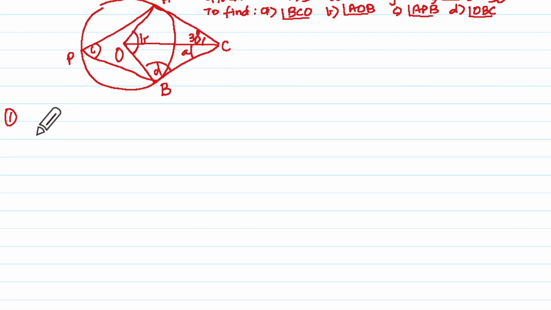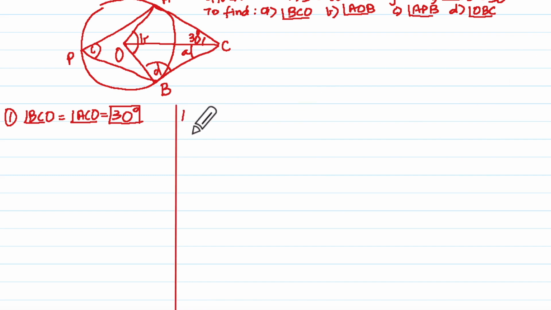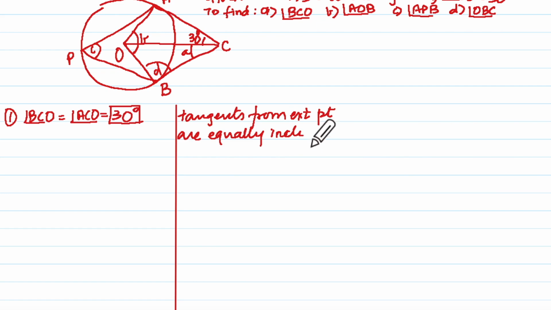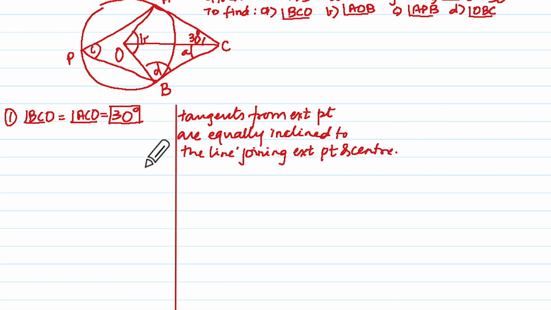I will straight off say that angle BCO is equal to angle ACO, equal to 30 degrees, and the reason is: tangents from an external point are equally inclined to the line joining the external point and the center. And that becomes our answer A.